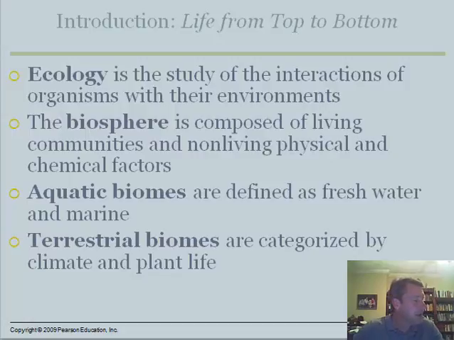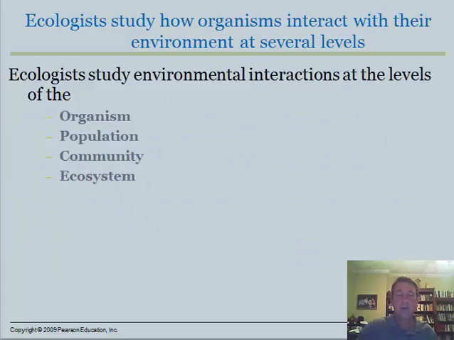The other thing is that ecology can approach these environments at different levels. We've studied the hierarchy levels in biology, and this is the same thing, but in ecology. The study of interactions generally starts at the organism level.